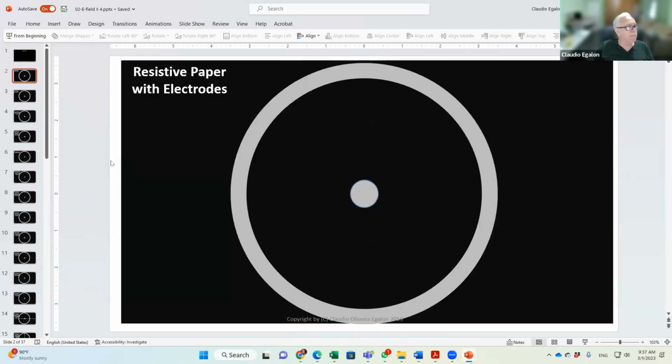I get my metallic paint and I draw a little circle in the center and a larger circle on the outside. In the next step, we place this paper on top of a cork board.